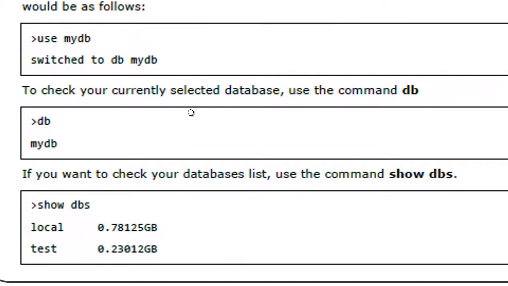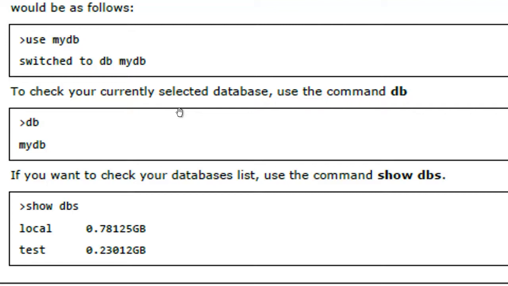Now, if you want to check which database is currently selected and which particular database you are working in, you can make use of the command db. Simply type the keyword db, and it will display the current selected database. Here in this scenario, the current selected database is MyDB.